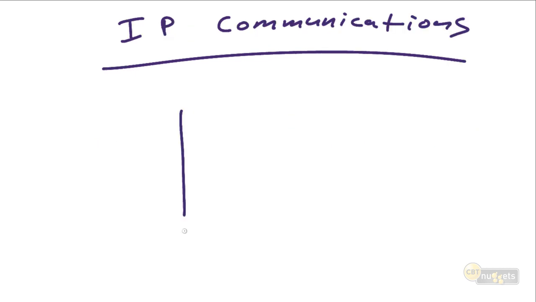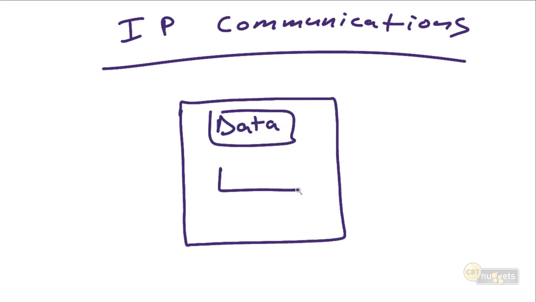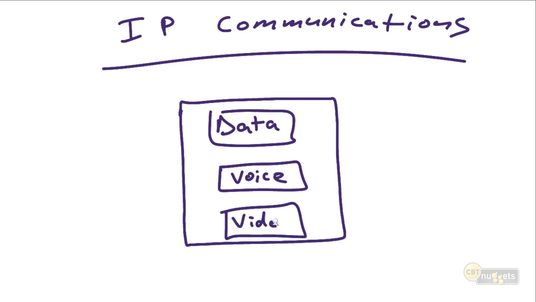Now, when it comes to the world of IP communication services, this one's easy. We break it down with data, voice, and video. Now, again, look, your organization might not be doing anything with video over IP, for example.